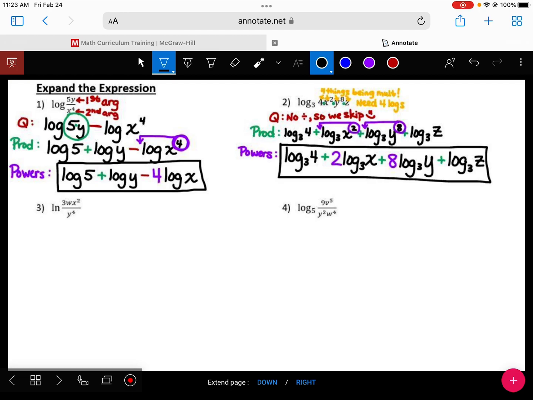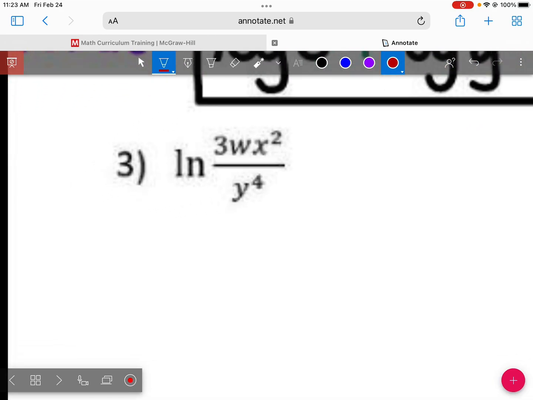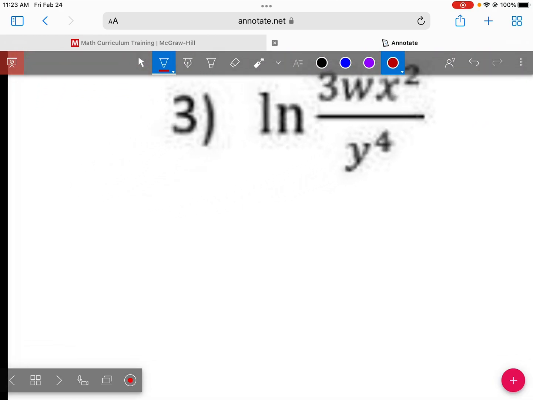When we're putting things into expanded form, which property of exponents do we do first? When we're putting logs into their expanded form, which property do we use first? Quotient.